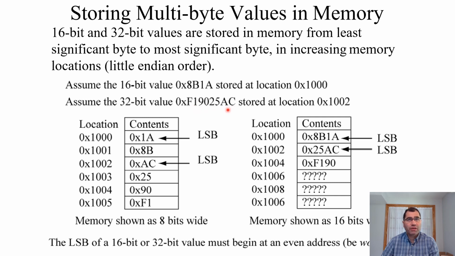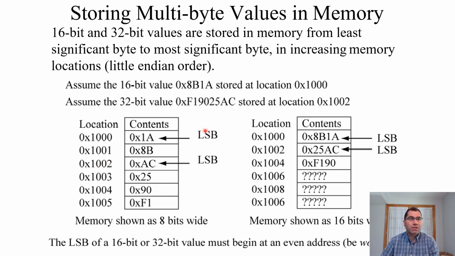The least significant byte here is AC, so we store it here. Then we go to the next byte, which is 25, and then the next, which is 90, and at the end we have the most significant byte, F1. So storing a 32-bit value takes 4 memory locations.